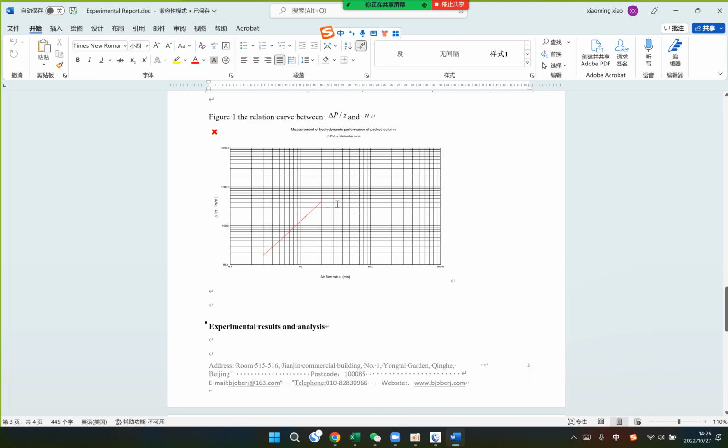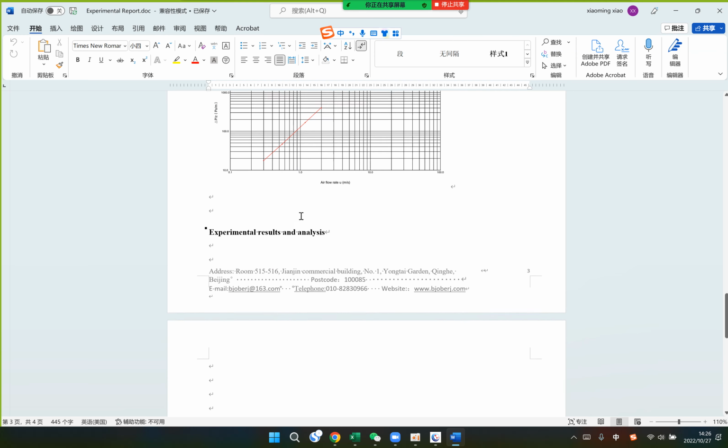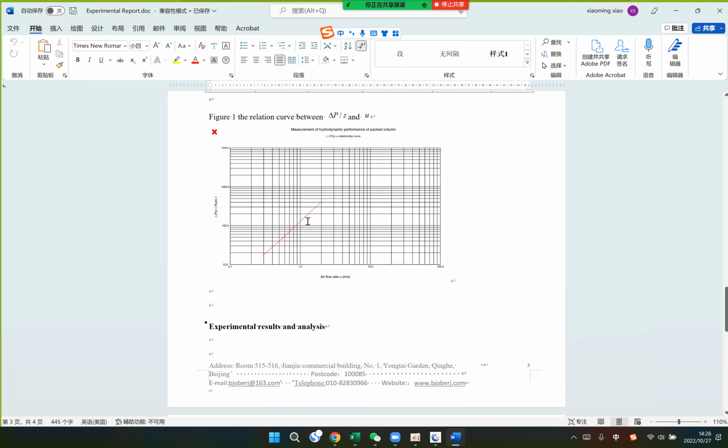One is for the dry pressure, one is for the wet pressure, or liquid loading equal to 100. So you have to add something in this figure, or you may generate this figure by yourself.